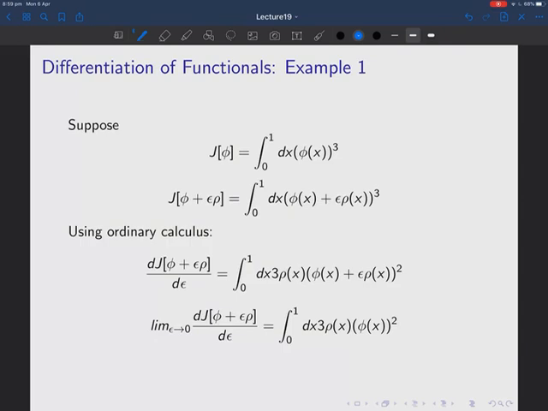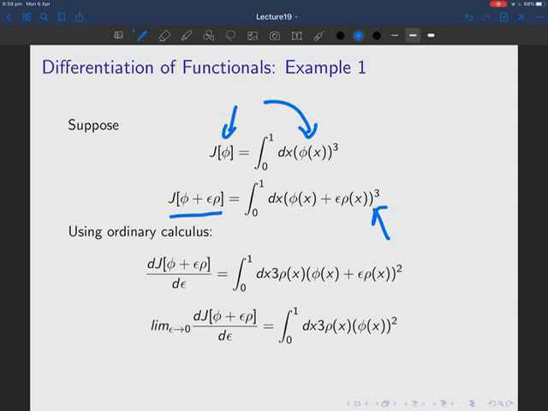Okay, let's do a typical example. Let's find the functional derivative of this functional j, which I'm going to define as the integral of phi cubed. First we form j of phi plus epsilon rho, where rho is arbitrary and epsilon is just a very small perturbation.